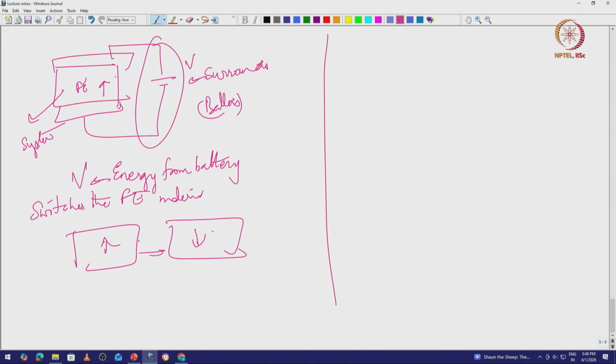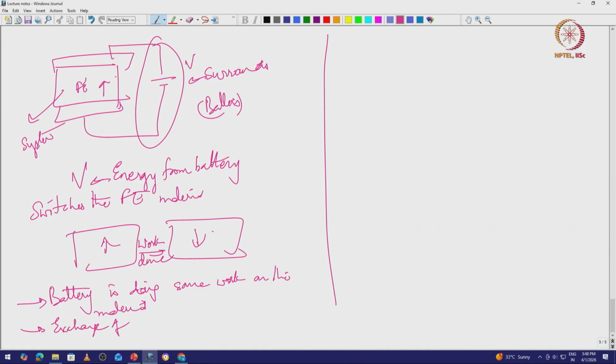So, there is some work done. Okay. So, the battery is doing some work on the material. As a result, there is exchange of energy between system and surrounding, and so this is a closed system.